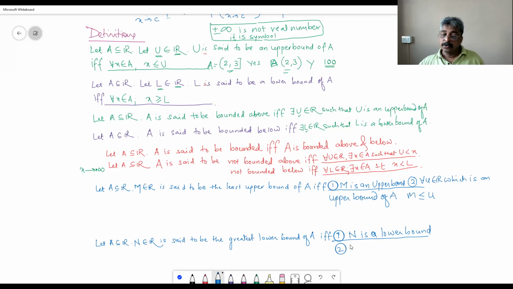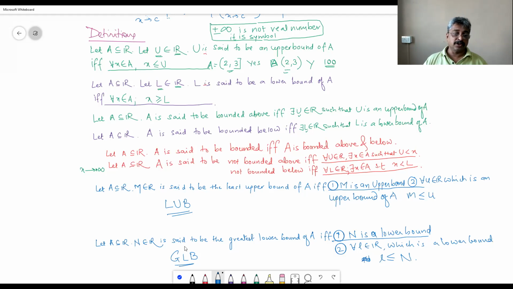And second, for every L belonging to R which is a lower bound, L is less than or equal to N. So this is the LUB definition, and this is the GLB definition. Now these abbreviations will be used many times in our discussion.